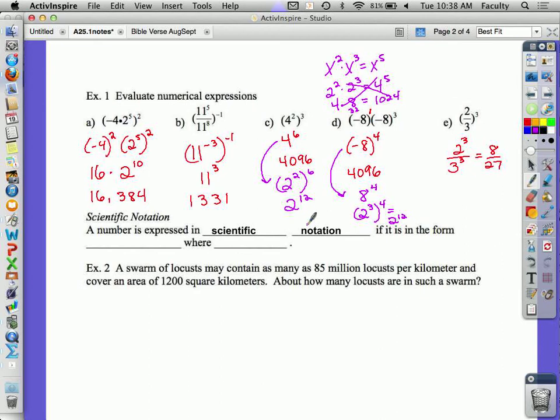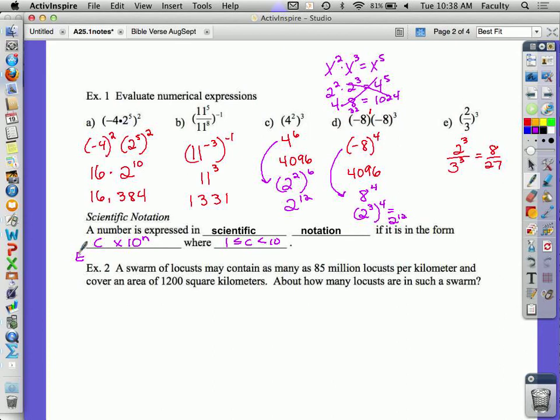All right, letter E. 2/3 cubed is 2 cubed over 3 cubed. So we get our 8 over 27. All right, next idea, scientific notation. First period told me that you guys recently have done this in science. Okay, so this is good. It says a number is expressed in scientific notation if it's in the form C times 10 to the n, where C has to be a number between 1 and 10, but strictly less than 10.